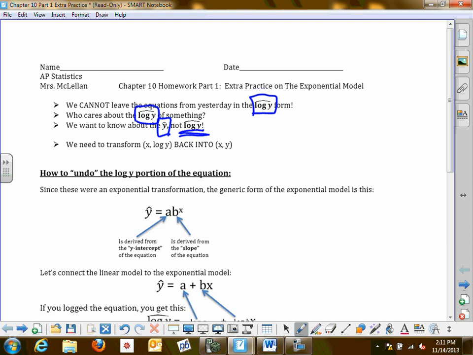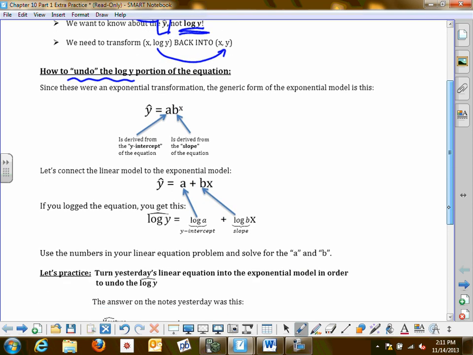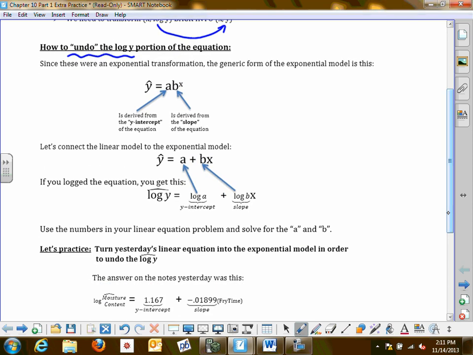So therefore, we are going to have to transform this from log y back into y by, in a sense, undoing the log. Here we go. Since this was an exponential transformation of condensing that y, then we know we're going to end up in the exponential parent function form.